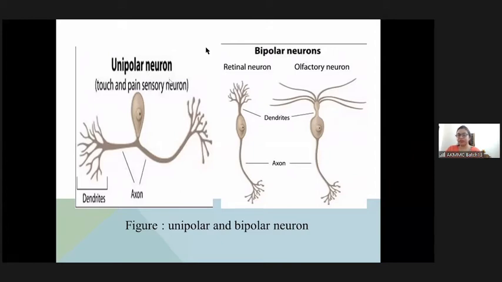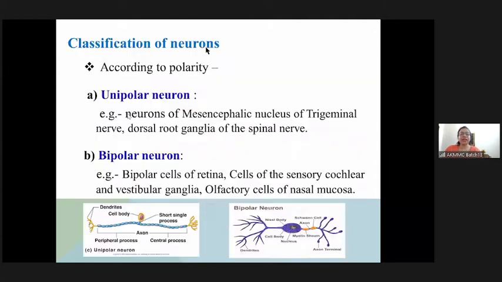And here we can see the processes are coming out from the cell body from two poles. That's why these neurons are bipolar neurons.